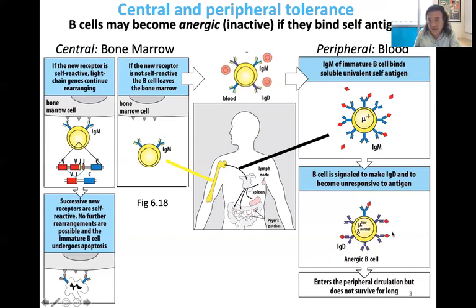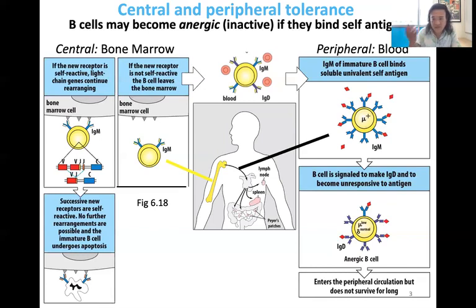And so this IgD form will also bind that red self-antigen, and that will send a strong signal into this B cell that, you know what, no, you're not going to work. You don't have to die right away, but you're just not going to go any further in your B cell development. So this B cell then becomes anergic. Anergic means basically inactive or shut down.